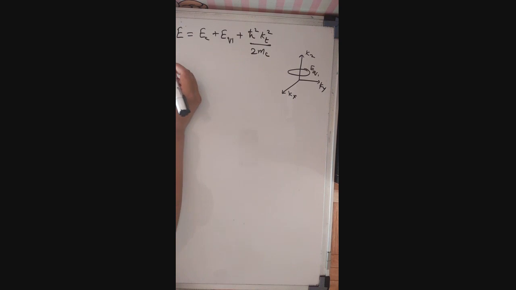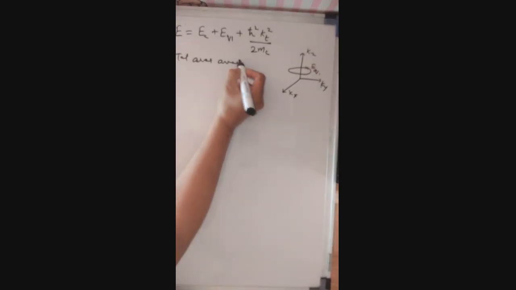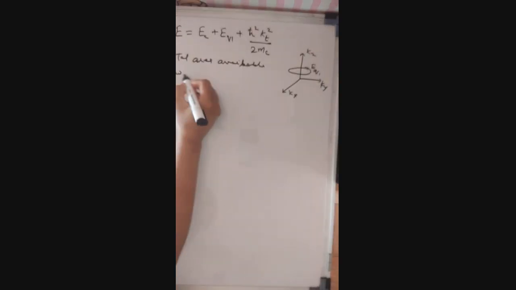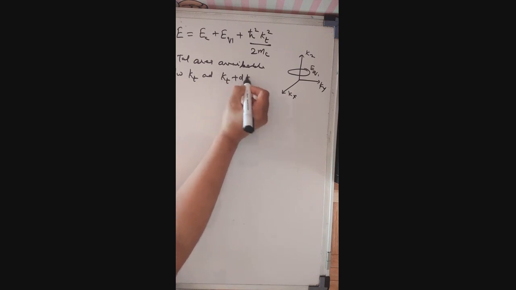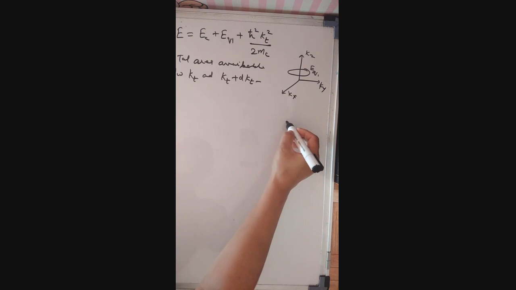Now next thing we have to find is the density of states. So for that we need to find out the total area available between kt and kt plus dkt. If you remember the diagram, I'm talking about the top view.